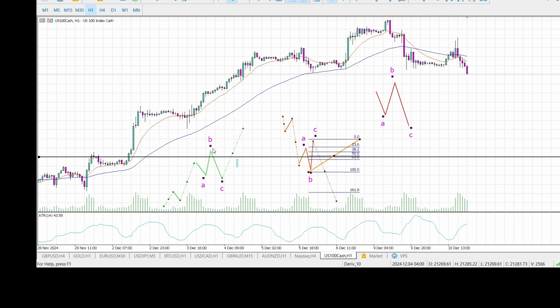Now this is where the problem is. This pattern, instead of going higher to make another higher low, comes back and surpasses your previous support and stops you out from the market before proceeding to where it was going.